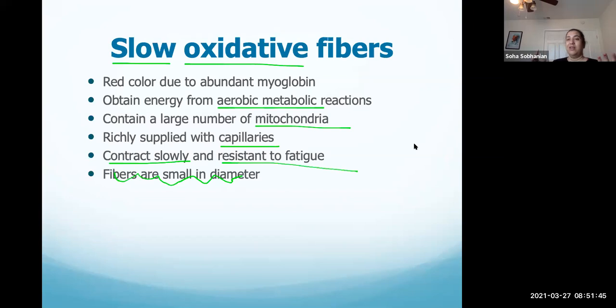Think about it. If you want to hold your posture, and I know we don't always do that, these muscles need to be contracting continuously as long as you're awake. And when you're sleeping, they can relax. But if you're standing or sitting or doing any type of activity, these muscles need to be engaged. So they basically need to be able to hold for a long time.